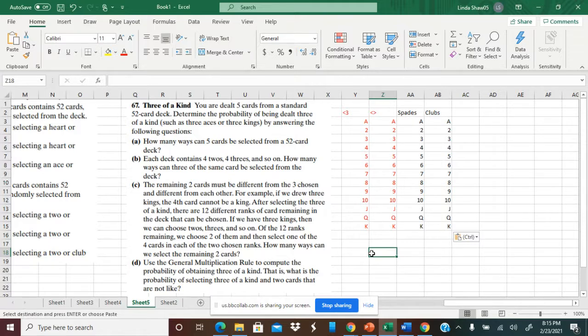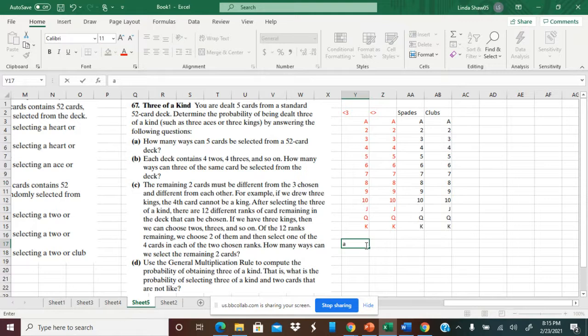Think about this, you're being dealt these cards, so it doesn't matter what order you get these. And by the way, in the videos that Kathy was talking about, I go over and over again, it's important to realize if order matters or order doesn't matter. And here, order doesn't matter. So that means it's combinations. So the denominator is going to be 52 choose 5.